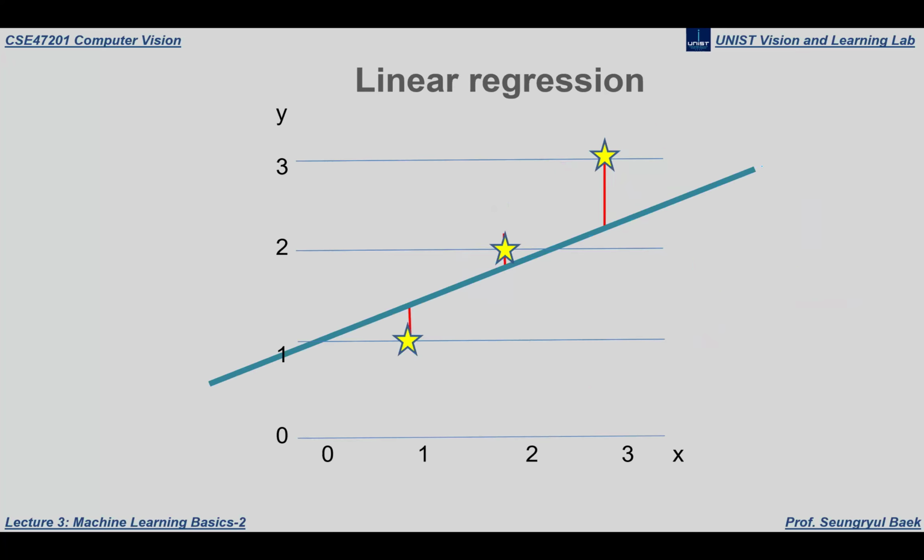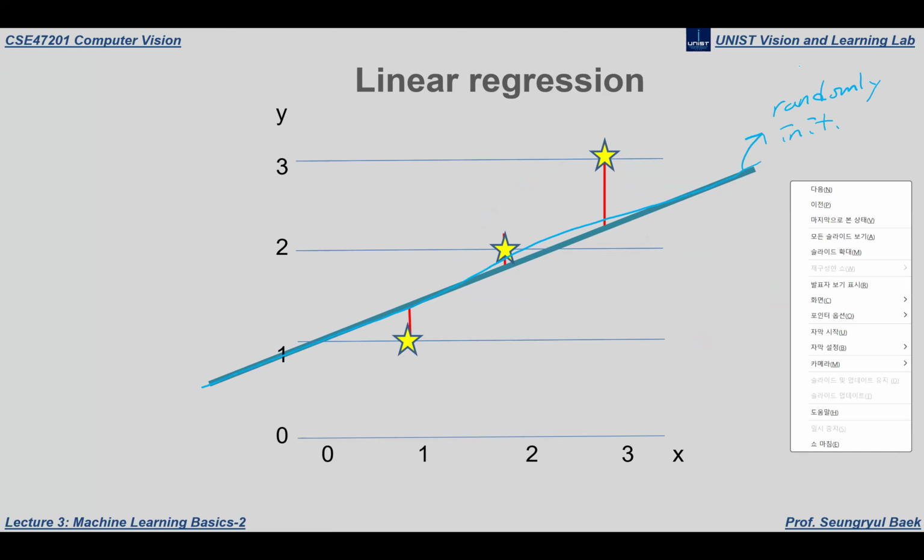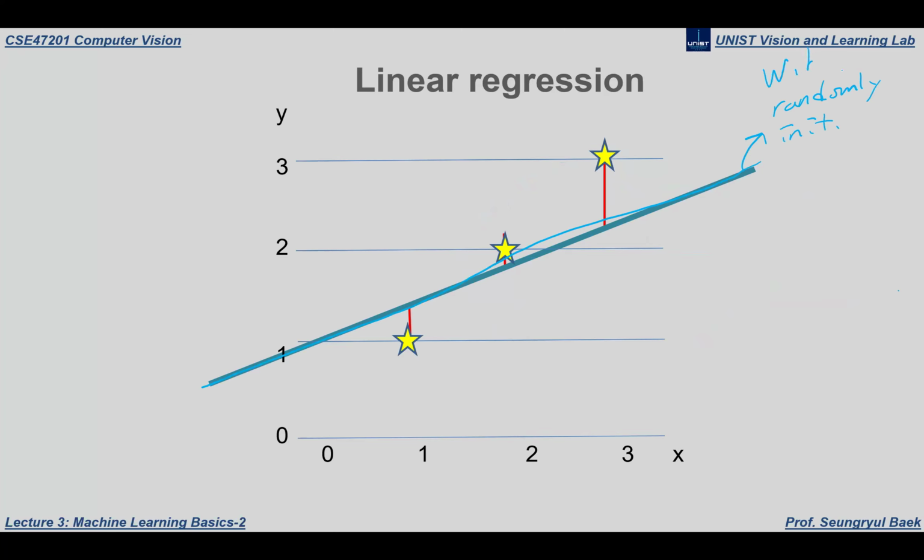This green line is a randomly initialized straight line, which means there are w and b in this equation. We first randomly initialize this w and b.